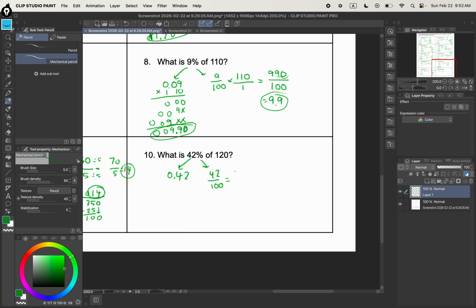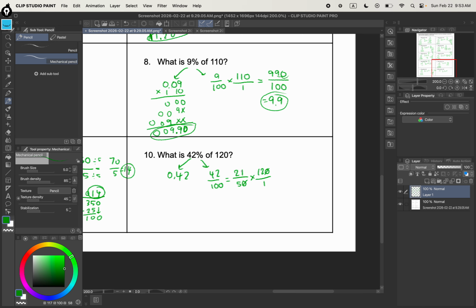I'm going to simplify that by 2. And I can't simplify anymore, so I can just do this. Oh, it's going to be a really big number, which is annoying. So here's when you can do the cross simplifying, but I also won't do it because I know some people don't know how to do it. If you cross simplify, 120 and 50 are divisible by 10, so I can just get rid of that.